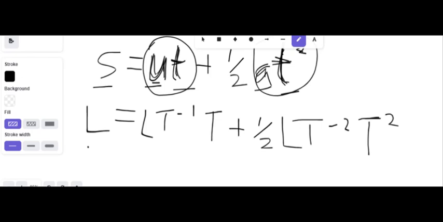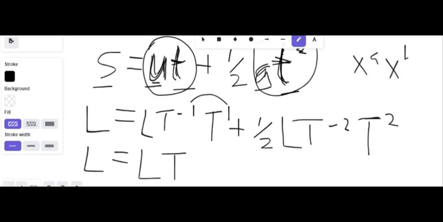So now let's continue. This is L equals to, now the terms where nothing is written, it means it is power 1. So now I'm going to write this is L, then t raised to the power, I'm going to add this minus 1 plus 1, because if I have x to the power a multiplied by another x to the power b, I'm going to pick one x and say a plus b from indices.